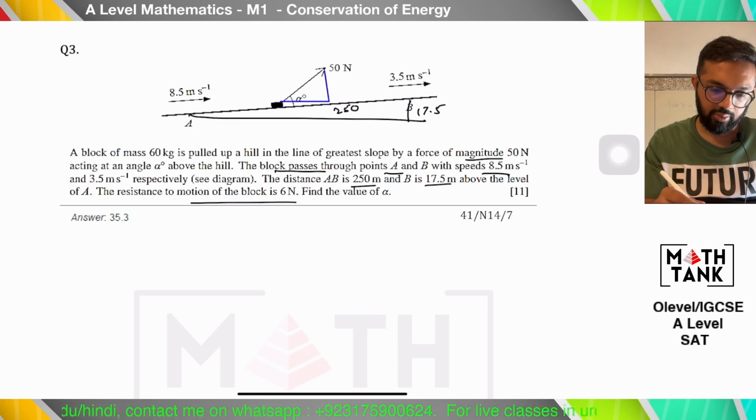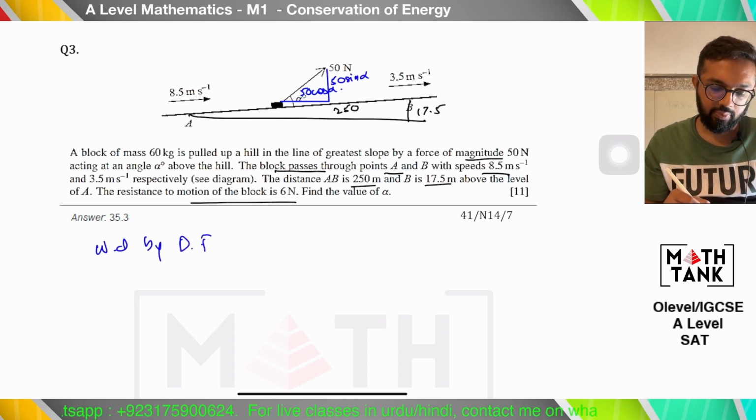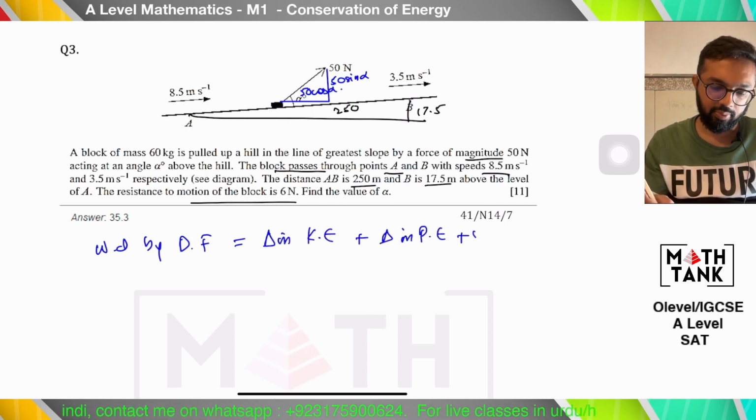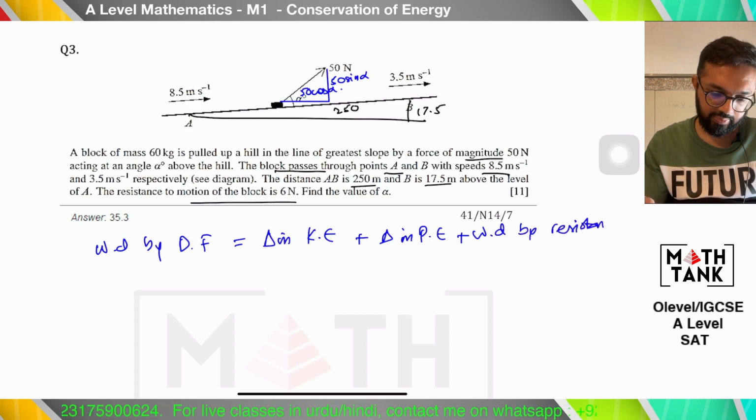So I have 50 sine alpha and 50 cos alpha here. The work done by the driving force equals change in KE plus change in PE plus work done by resistance. The resistance to the block is 6 into 250.